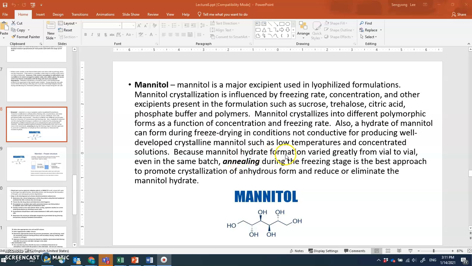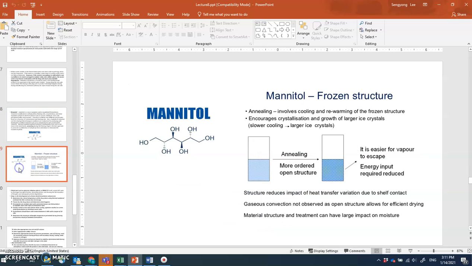Normally, when you select your mannitol and test it, you may have to anneal. So what that means is, before you dry it, annealing means after primary freezing, you thaw it out by heating up again, and then you freeze it again. So that's what annealing is. Freezing, thawing, a few times you can repeat it, to get a good crystalline structure in your drug molecule.